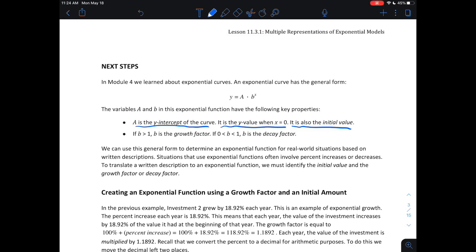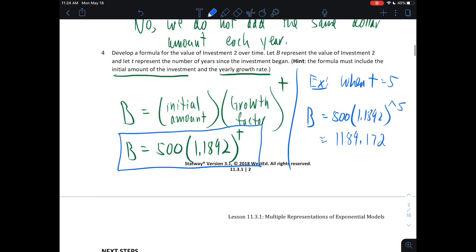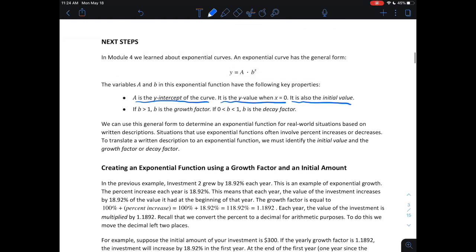If b is greater than 1, b is called the growth factor. That's what I just called it up in number 4. If b is between 0 and 1, b is called the decay factor. We won't ever have negative values of b, and we'll also never find that b is equal to 0 or 1. These are the only values for b that we have in exponential functions.